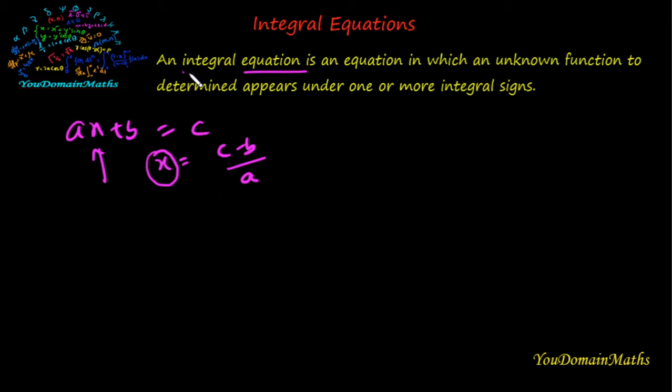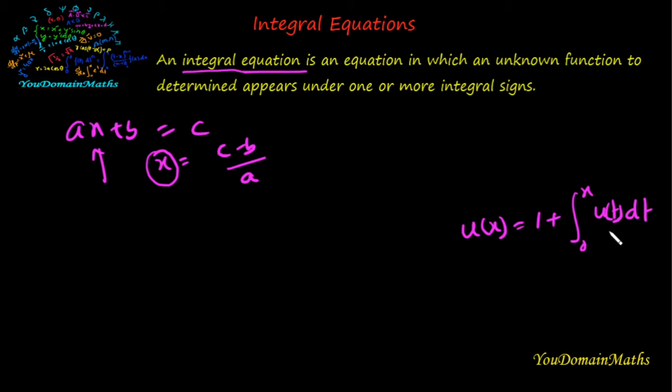Now, what is an integral equation? Let u(x) be an unknown function. Suppose we write 1 plus the integral from 0 to x of u(t) dt. If we find u(x), we can use u(t).